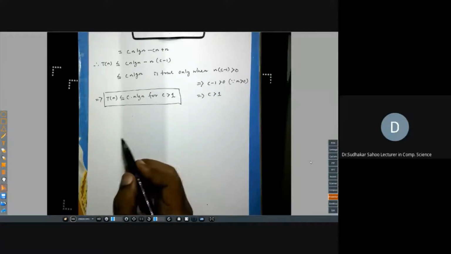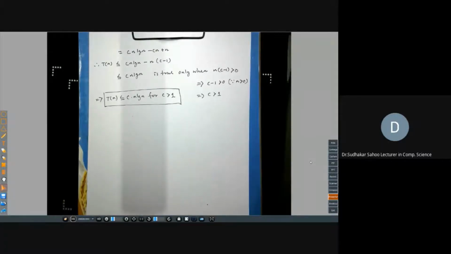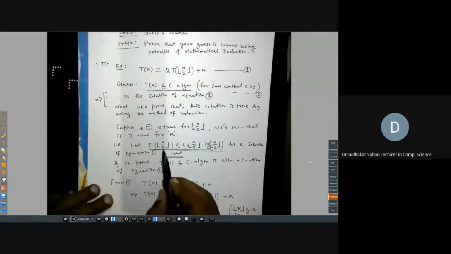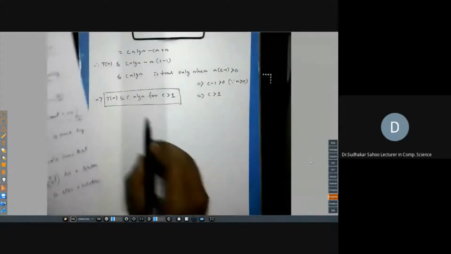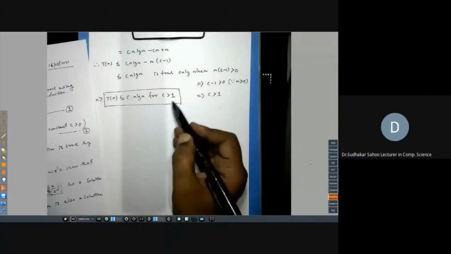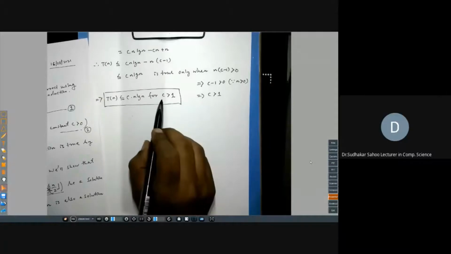Right? So this was our requirement. We have assumed that this is valid for n by 2, and we have proved that it is also valid for n, the induction hypothesis, then induction. Now we have proved only one part. Okay.